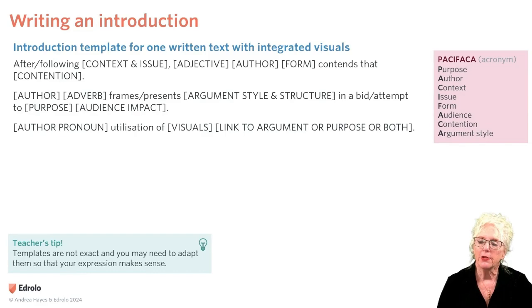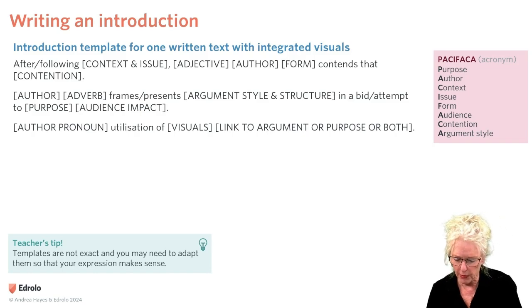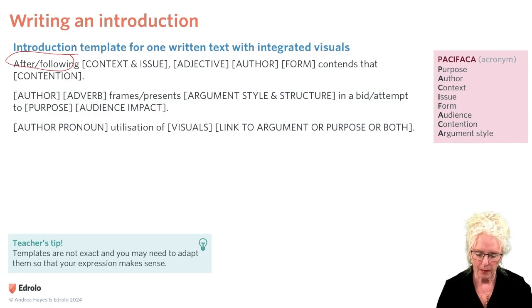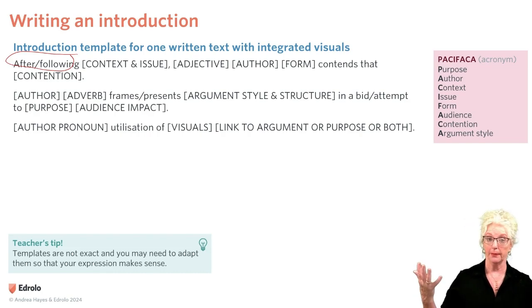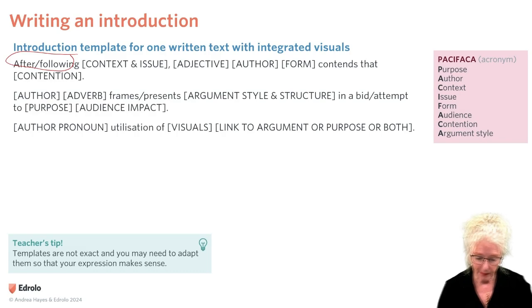So writing the introduction, this introduction template is for one written text with integrated visuals, very similar to the first part of perhaps your SAC template, where you introduce your incident, following, whatever the context or issue was, which could be the incident, the event, the experience, which would be Laura going to the park, an adjective, the author's name, the form contends that.